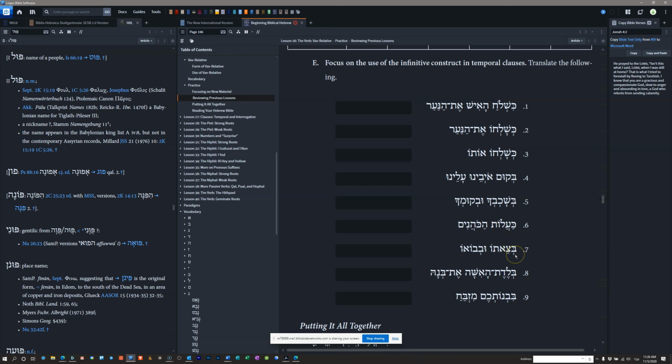So otam is the definite direct object marker with the 3mp suffix, them. They took, lakach, they took them to eretz with a 3mp suffix. So artsam, they took them to their land, the land of them.